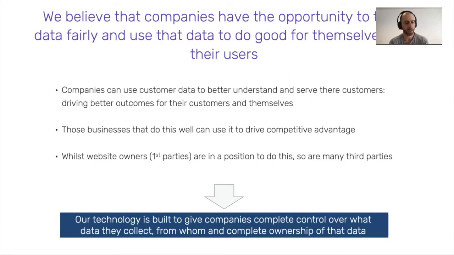And that's important because a number of commentators and players in the space often equate third-party tracking with unfair tracking and first-party tracking with fair tracking, and I don't think that's right at all. I think there are first and third parties that are doing tracking fairly, and there are first and third parties that are doing tracking unfairly. So that's a simplification that we don't want to make, but I'll come back to that in due course.